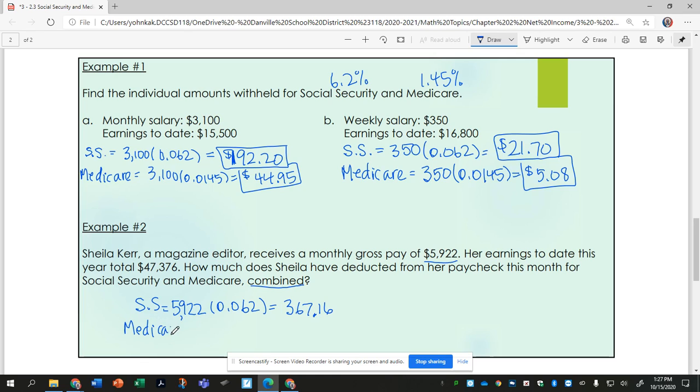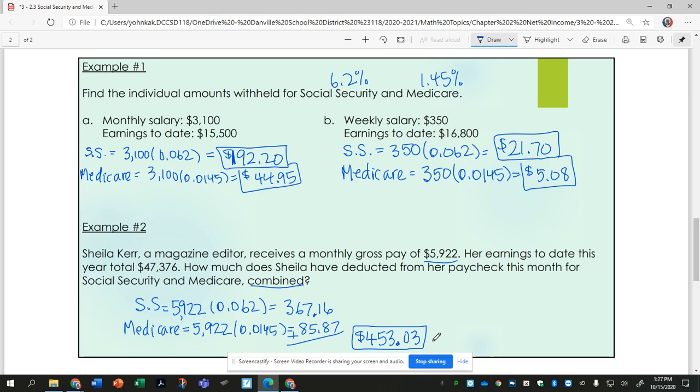Medicare, go back to that 5,922 and this time multiply by 1.45% or 0.0145. That's going to give me $85.87. To find the combined amount of money, we're going to add those together, and $453.03 is going to be taken out of her monthly paycheck.